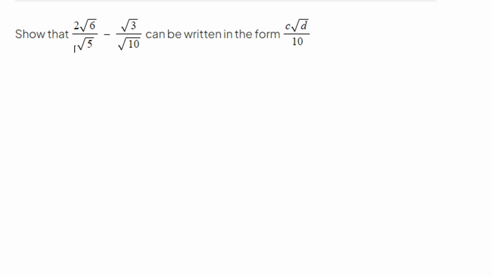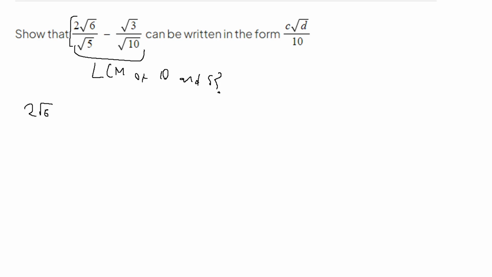So what is the lowest common multiple of 10 and 5? Exactly, it's 10. So what do we need to multiply this fraction by to get root 10? Exactly, we just need to times it by root 2.